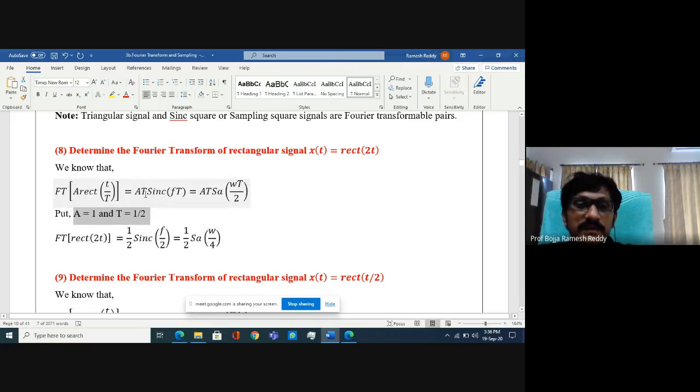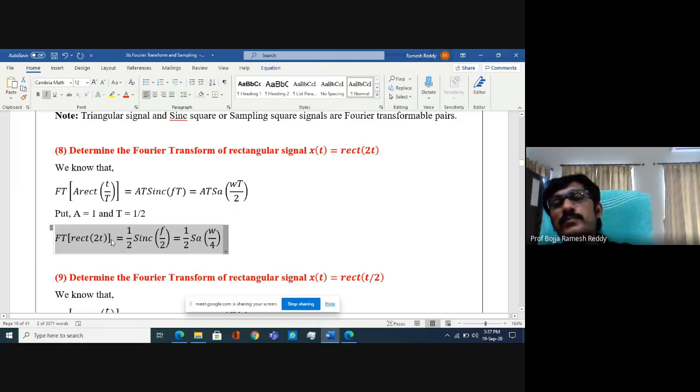Right side, AT, that is half sinc(fT), or half sinc(f/2), or half sampling Sa(ω/4). That's all. Within seconds, we can finish the problem.